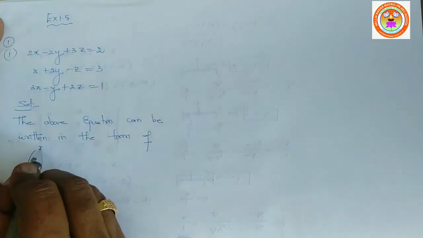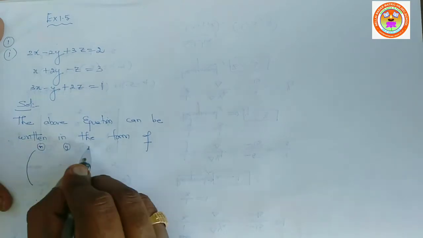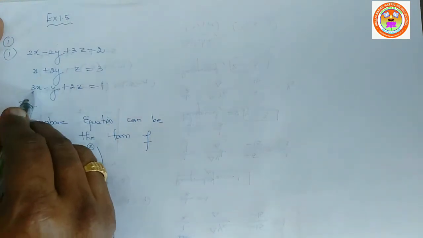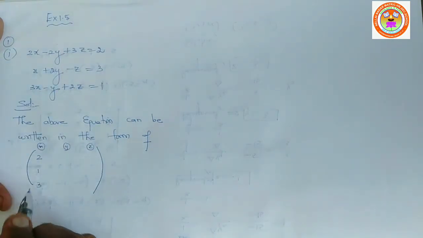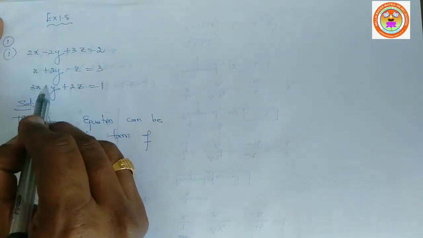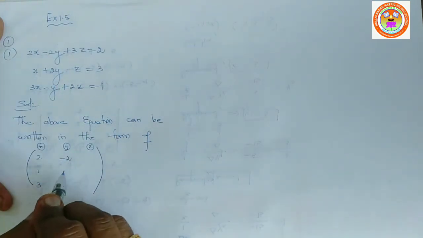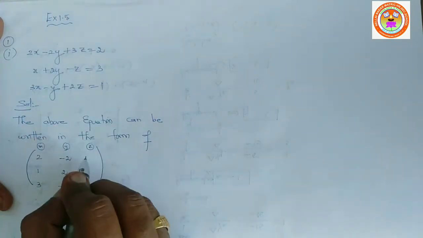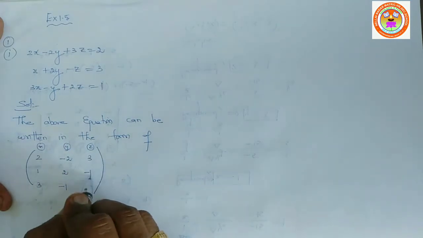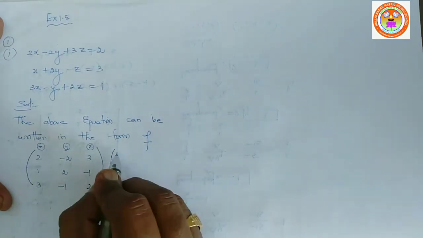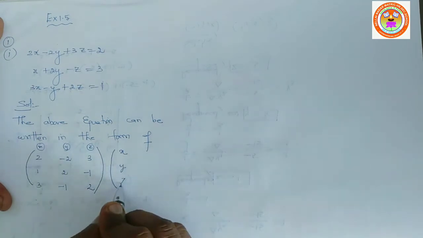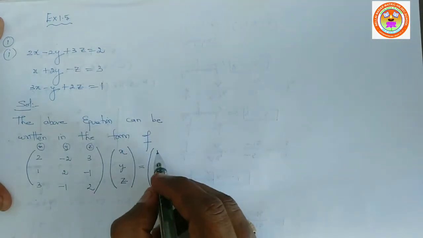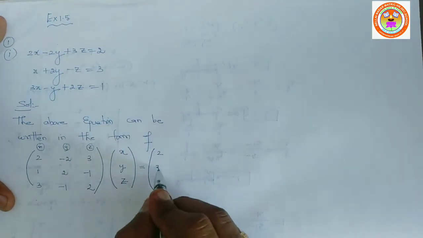The coefficients of x, y and z: 2, 1 and 3; minus 2, 2 and minus 1; and finally 3, minus 1 and 2. Then the variables x, y, z is equal to the constants 2, 3, 1.